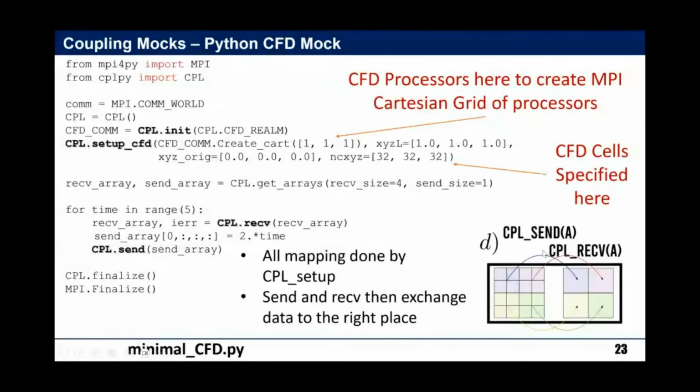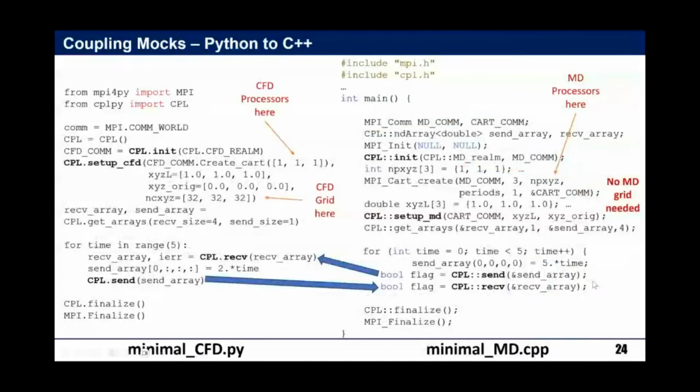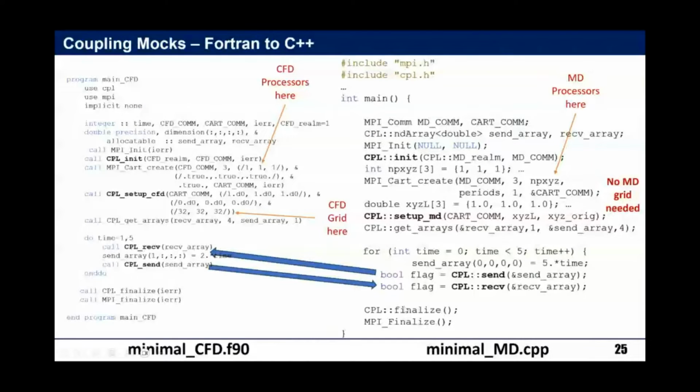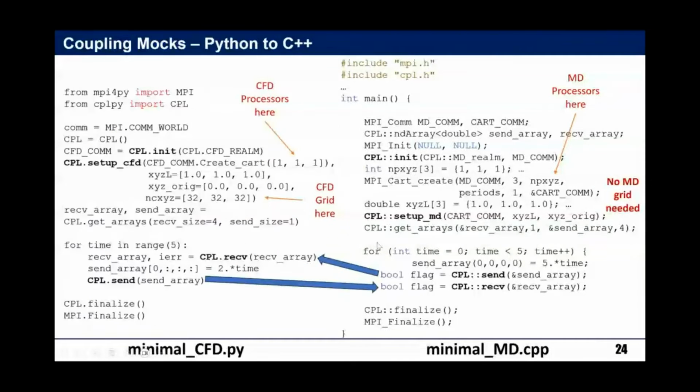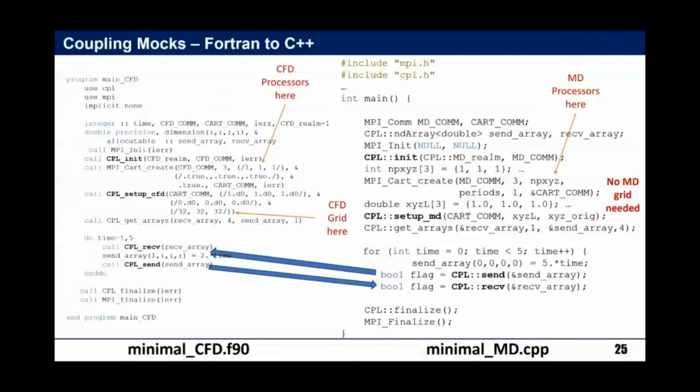And then the mapping here means that those send and receive operations go to the right set of processors on the other side. There are examples for Python and C++, and Fortran and C++. Don't worry too much about reading these. The key point is just that these sends and receives go between the two codes, and they are all basically the same format, just in different languages. You can see the form of the coupler setup and initialize are pretty similar in all three languages.